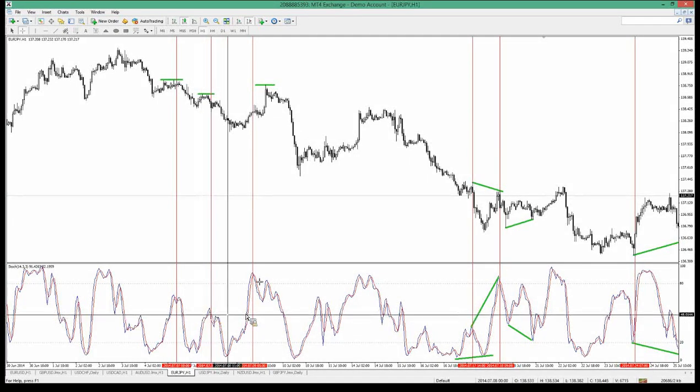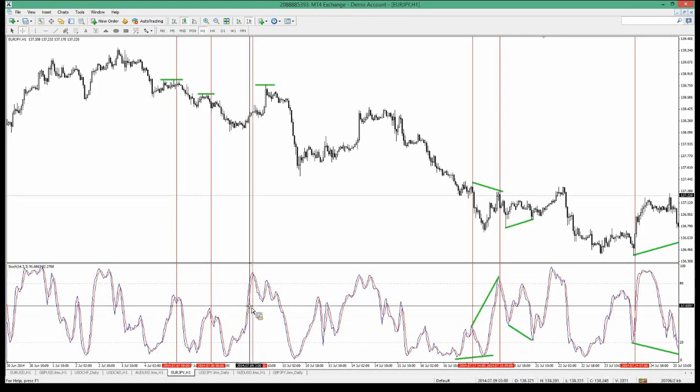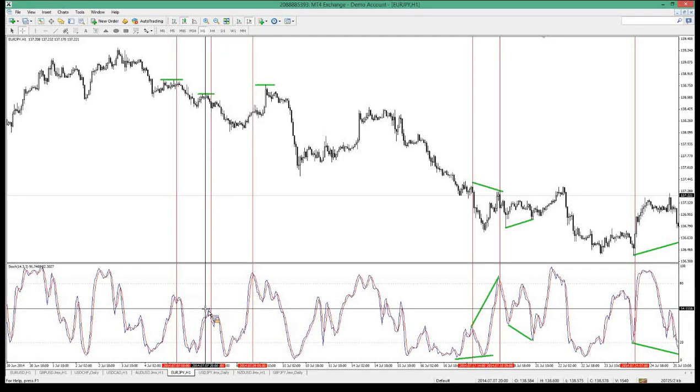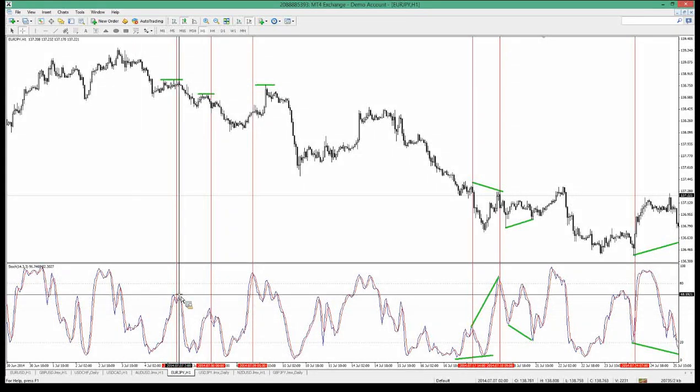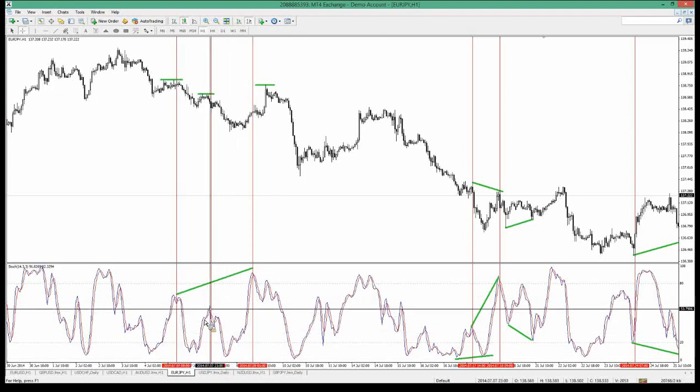Not there, sorry, here. Price kind of moves up, so we could be looking at this one at some stage, possibly. However, this one here keeps you dry. It doesn't have to be on the exact corresponding peaks, the next high to the next. You'll just need to play around, and that comes with a bit of experience.